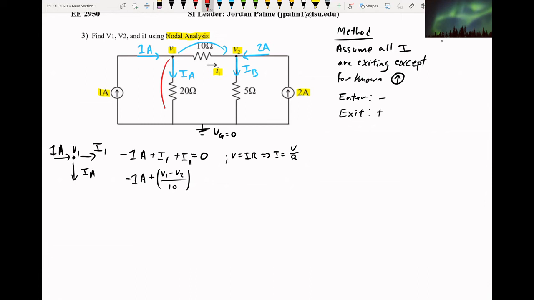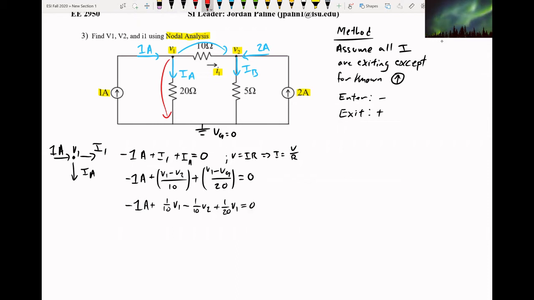And then I of A is going to be V of 1 minus V of G over 20. That'll be equal to 0. If we simplify this down, we'll get negative 1 A plus 1/10 V of 1 minus 1/10 V of 2 plus 1/20 V of 1 is equal to 0.